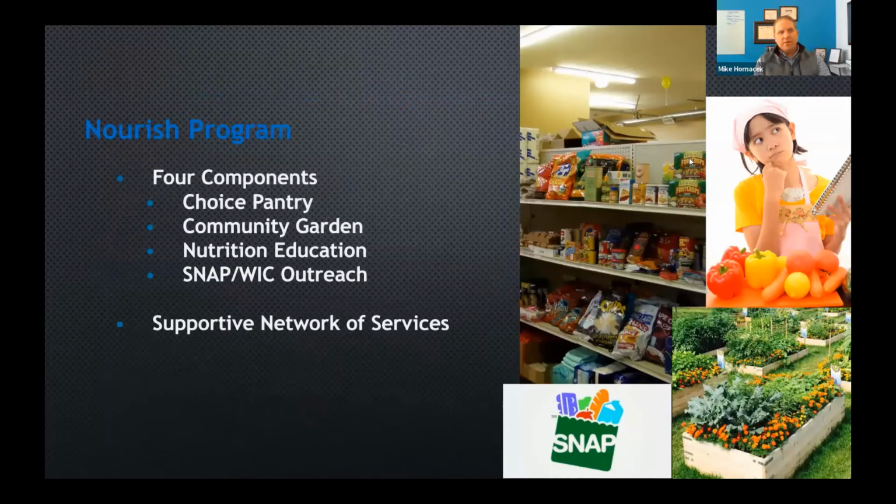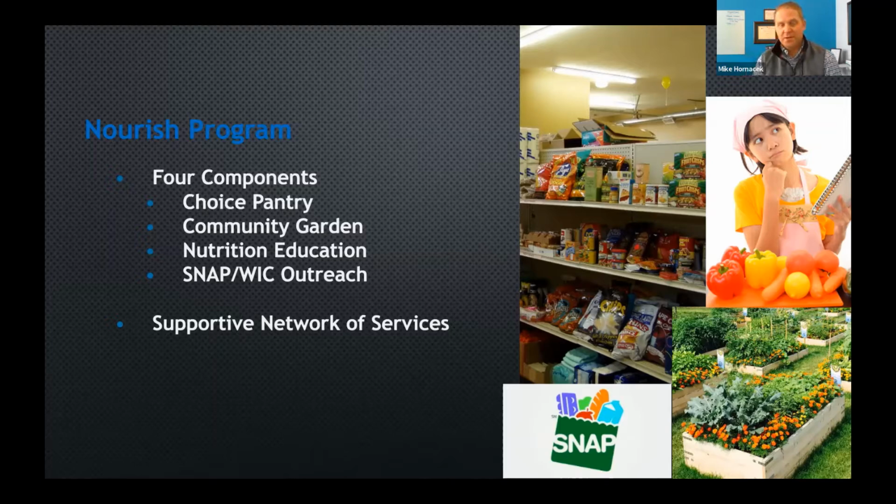Our Nourish program is really the centerpiece of everything we do around food insecurity. A lot of you probably know us for our Choice Pantry. In the last 24 months, good, bad, and different, you've probably seen us on the news quite a bit for the cars lined up Leavenworth all the way to the highway because of the extreme need we've seen because of the pandemic.